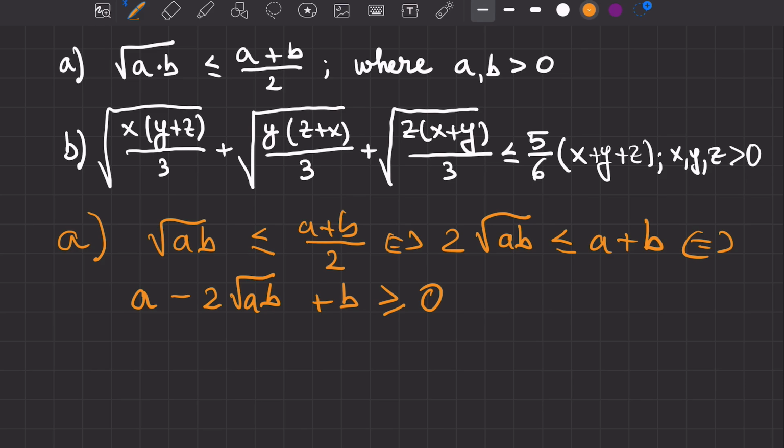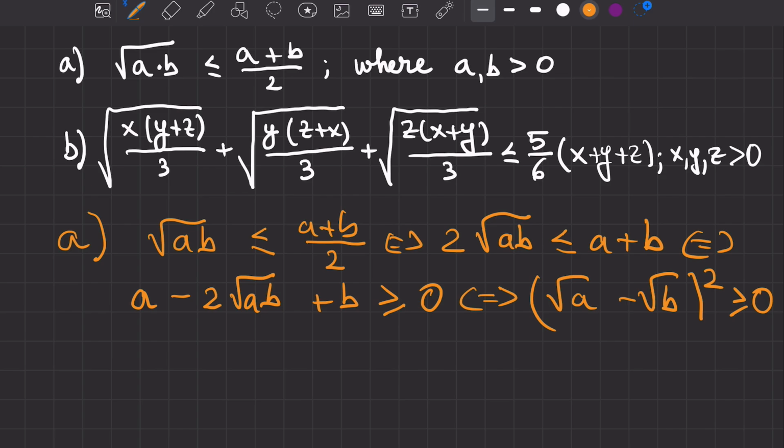And if we look at this, we get that it's actually equivalent to square root of A minus square root of B, everything raised to the power of 2, greater than or equal to 0, which is obviously right.